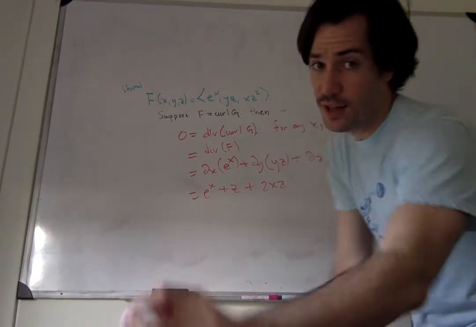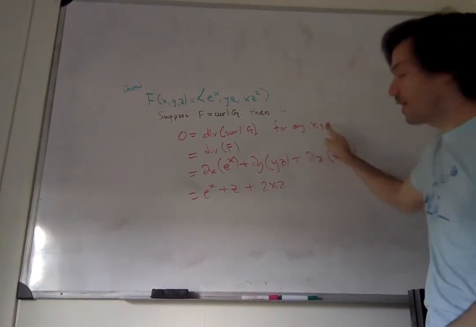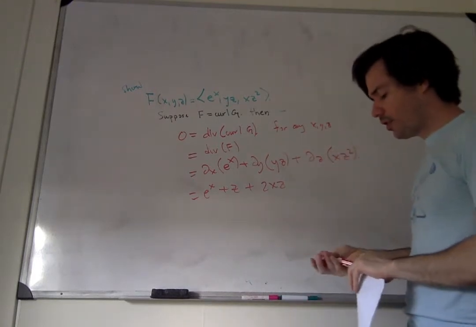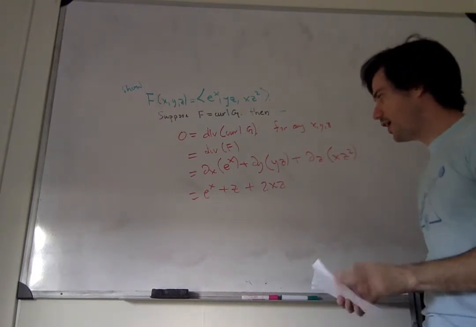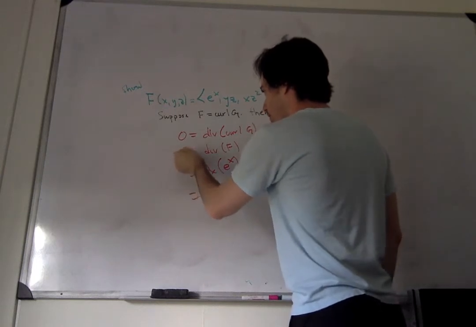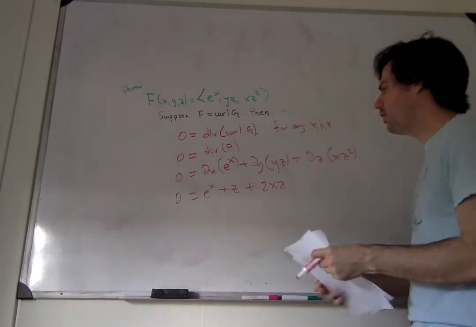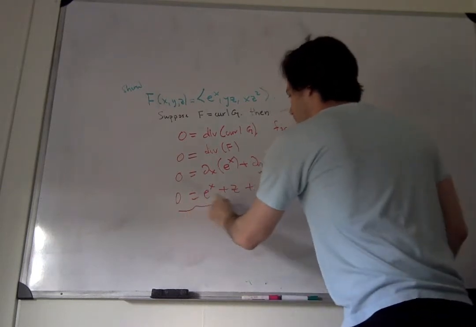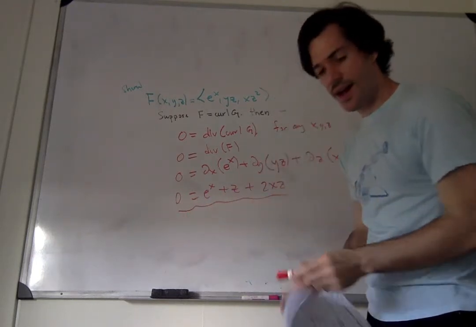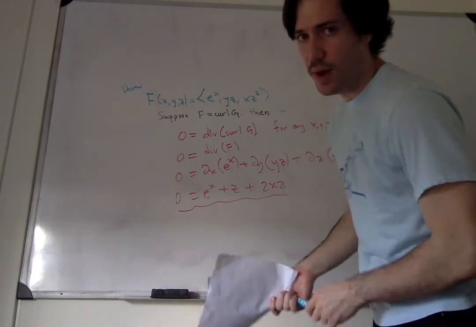Now keep in mind, I said it's for any x, y, and z. Okay, so some of you said that, from here, this is clearly not 0. Well, it's not obvious to me that you can really see why it's not equal to 0.